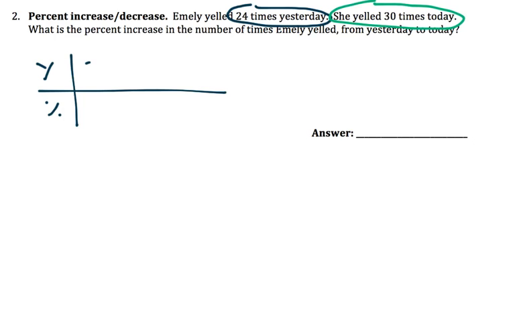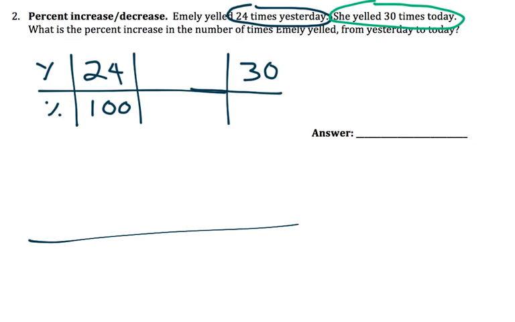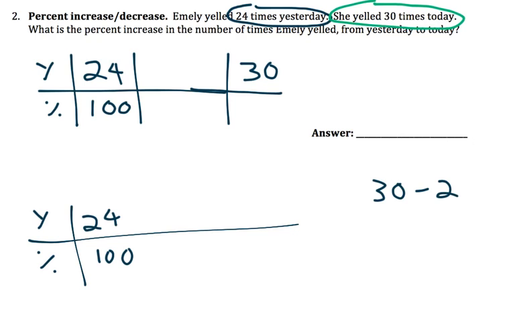So let's put the number of times she yelled yesterday, and we'll call that 100%. And then, again, we have 2 strategies. We could try to get to 30, or we could just figure out that she yelled 6 more times, and then we can look for 6, figure out what that percent is.